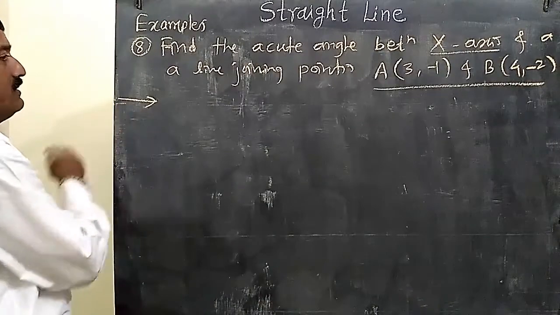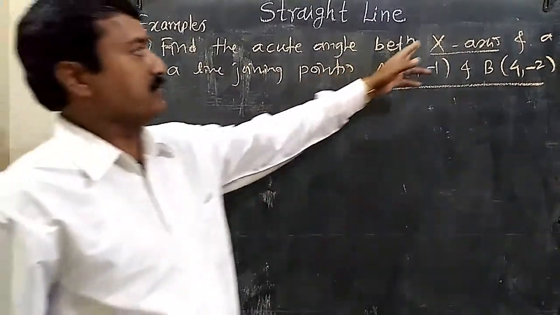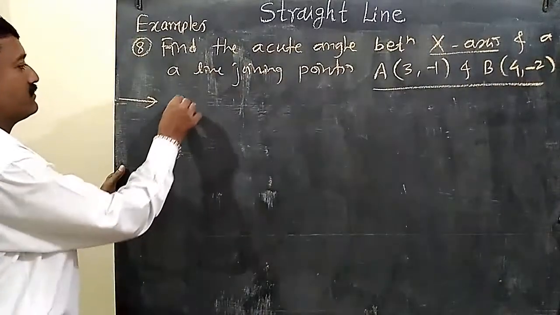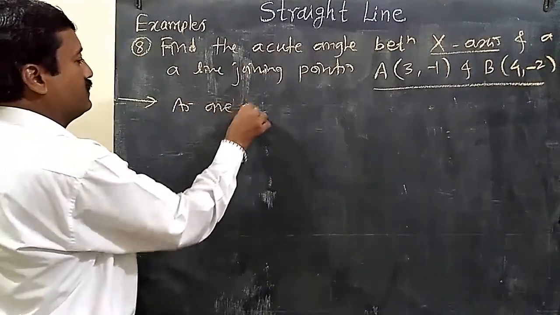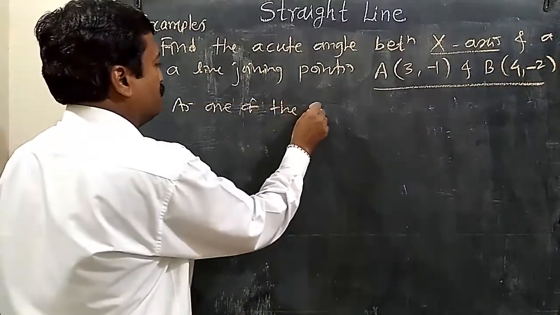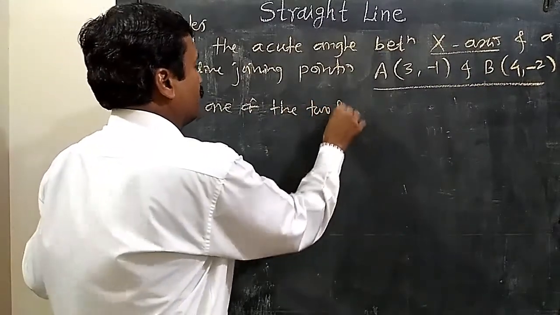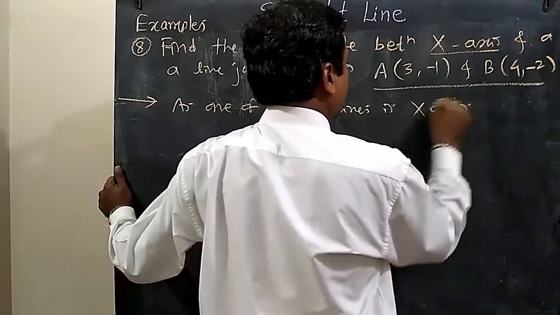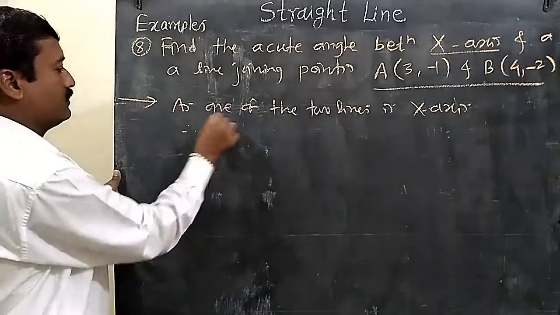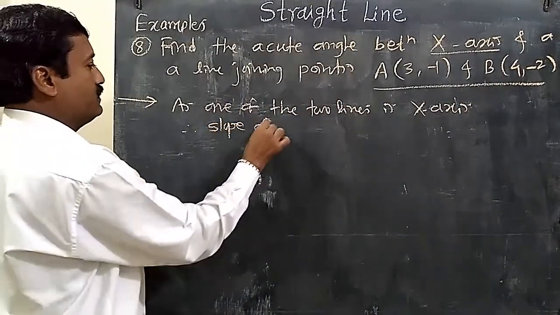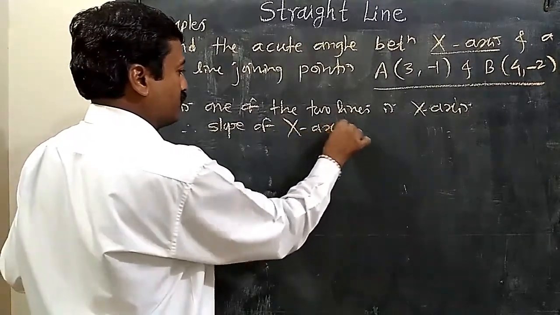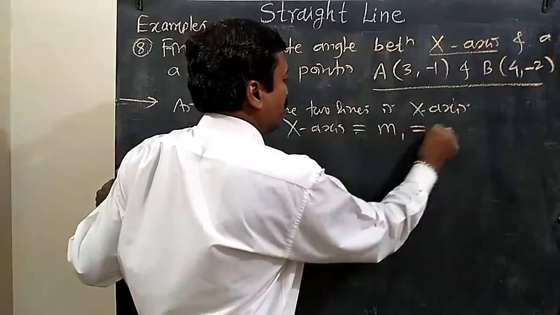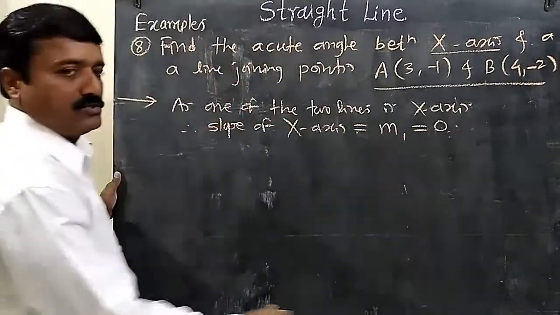So initially we will find the slopes of these two lines, as one of the two lines is the x-axis. Therefore the slope of the x-axis, suppose m1, is obviously equal to 0.